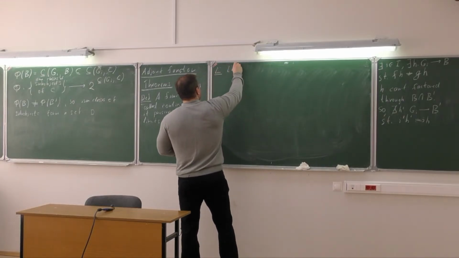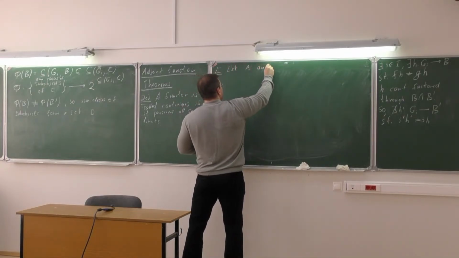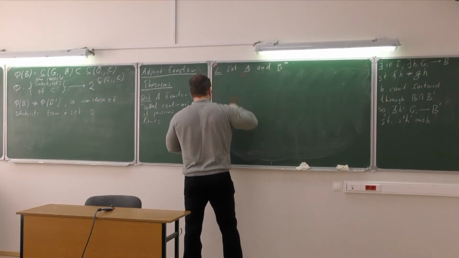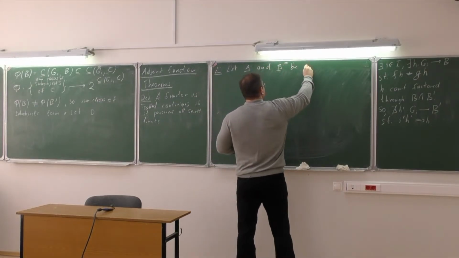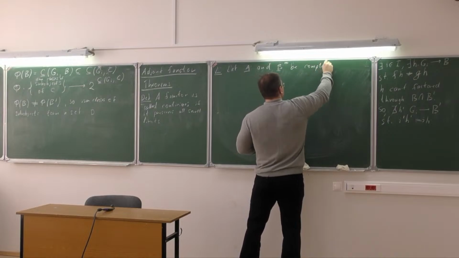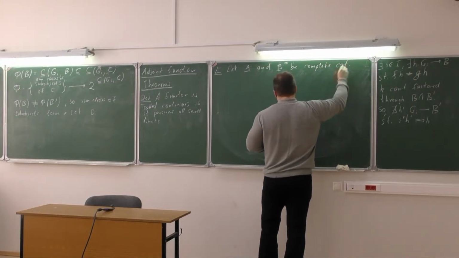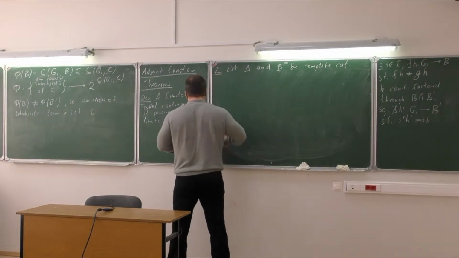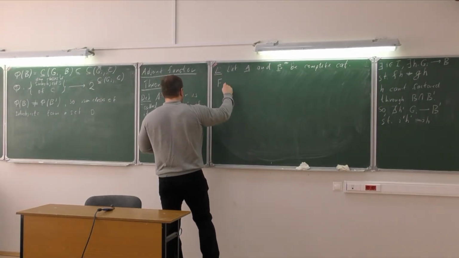So let A and B be complete categories. Suppose I have two continuous functors.